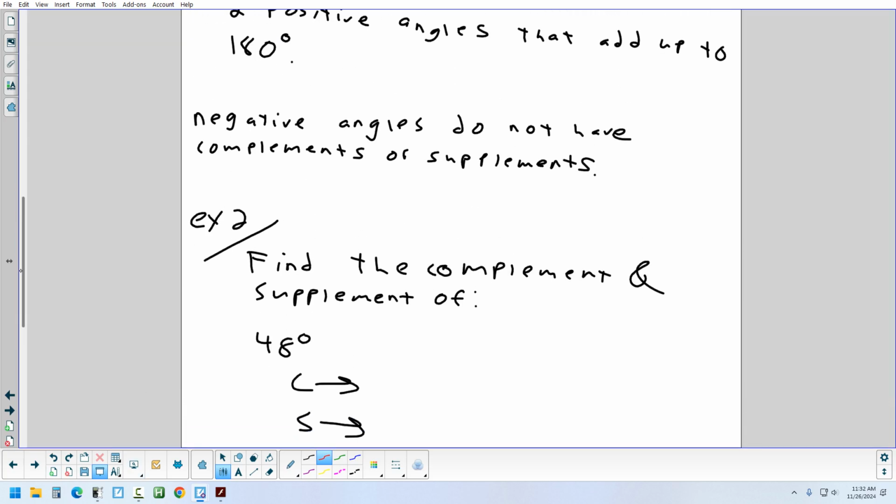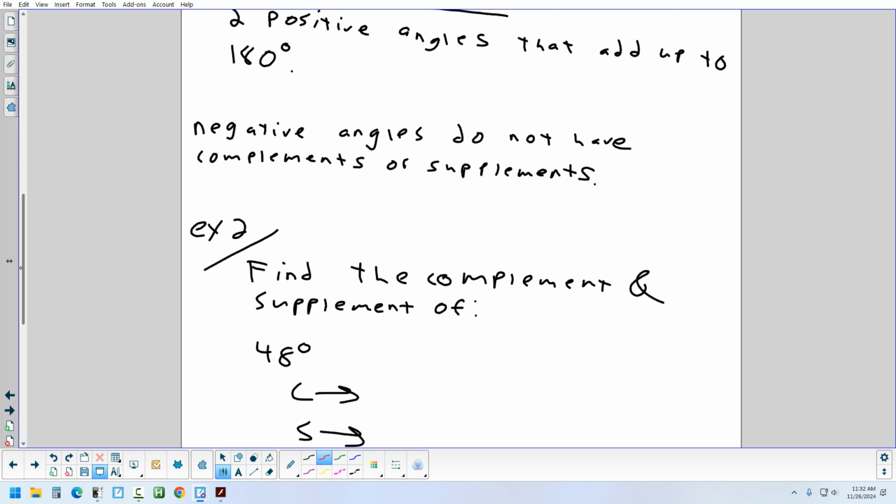Find the complement and the supplement of 48 degrees. Okay, let's start with the complement. What would be the complement of 48 degrees? Charles? 42 degrees. 42, perfect. And the supplement of 42?